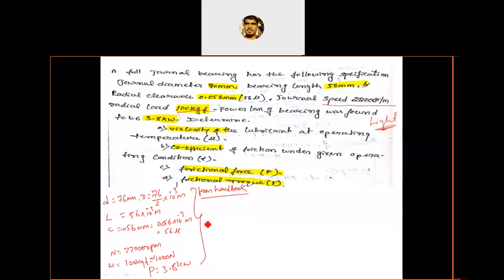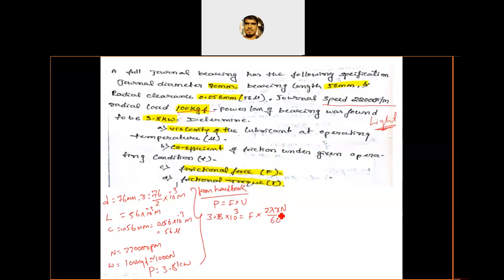We know the equation of power loss, P is equal to F into U. P value 3.8 into 10 raised to 3 is equal to F. F is unknown, and U is 2 pi r n by 60.